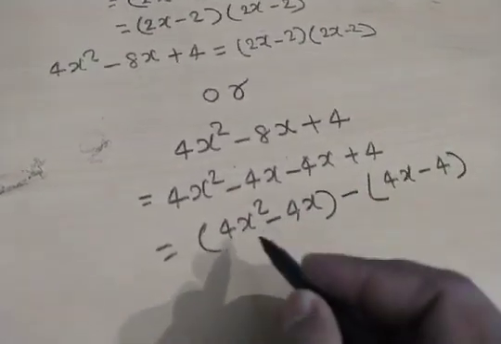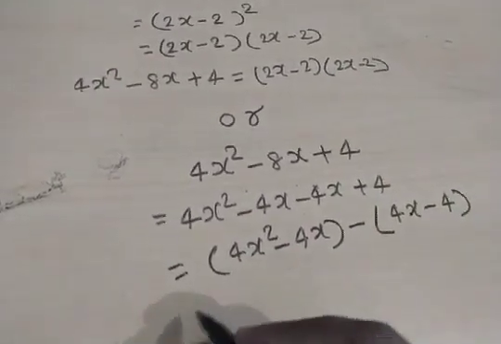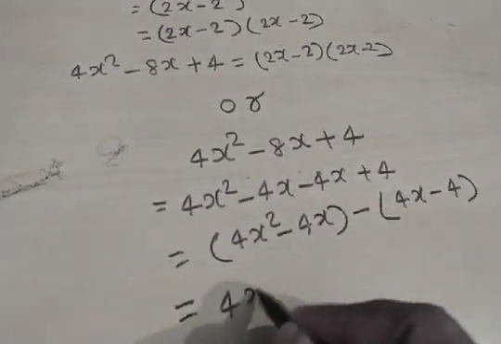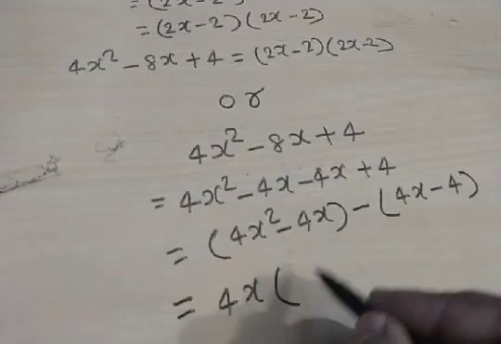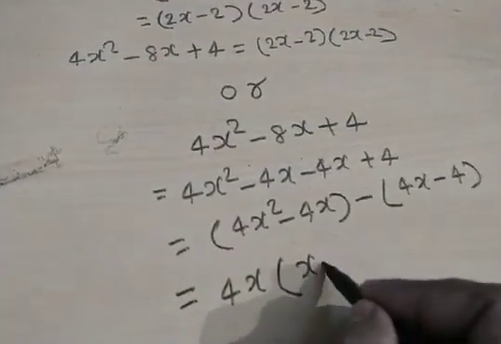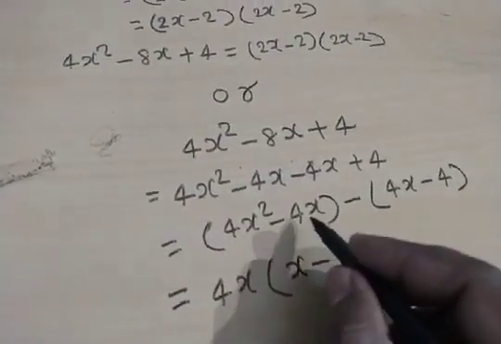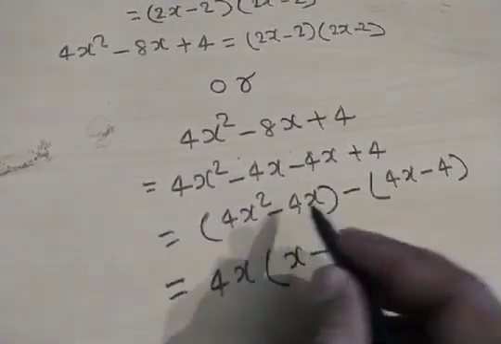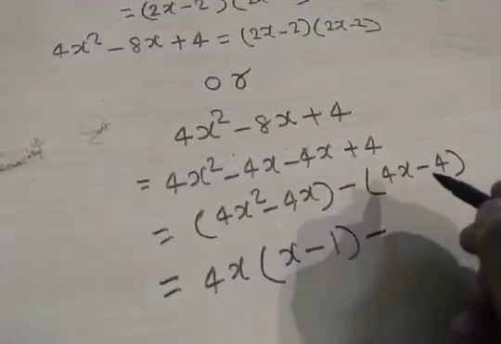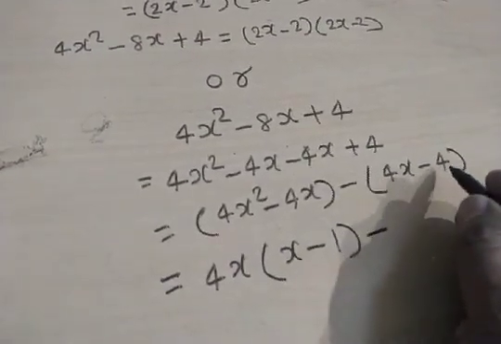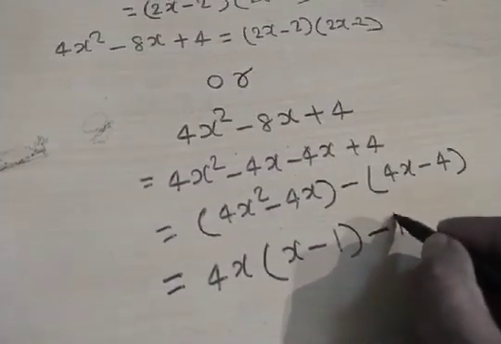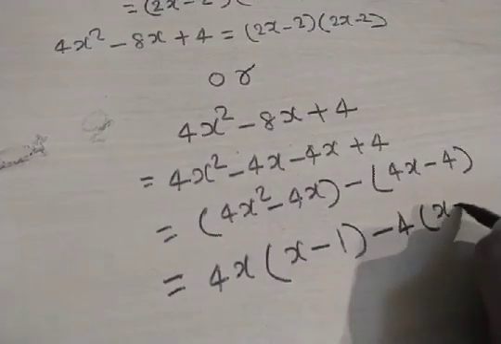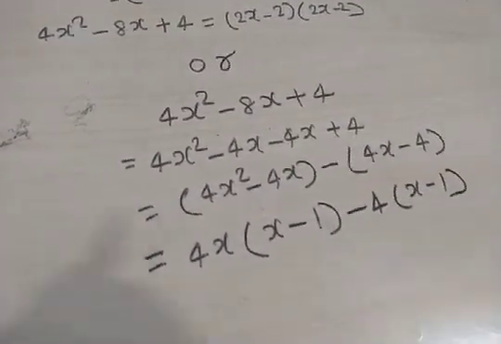In the first bracket we have common 4x, so we take common 4x and we obtain only x. And here 4x is common, so we obtain only 1. 4x is the common factor between them. And here, what do we have common? 4, 4, so we take common 4, and we obtain here x minus 1. Clear?